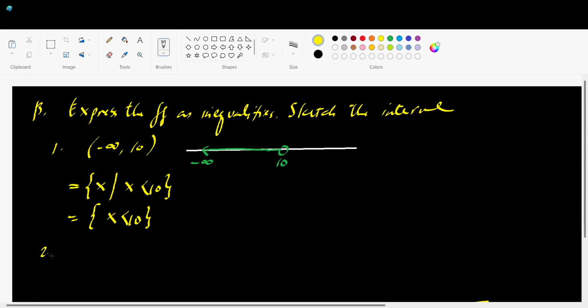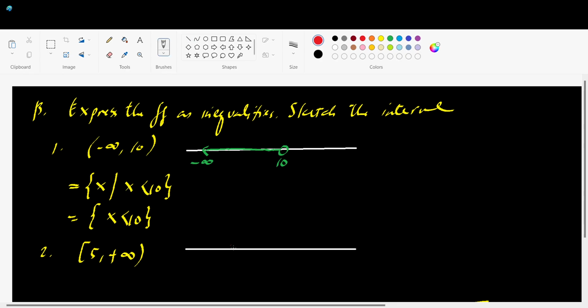Next, 5 to positive infinity. Notice that if the endpoint involves an infinity, it is always open, because infinity is not a number. So when it involves infinity, it must always be open.